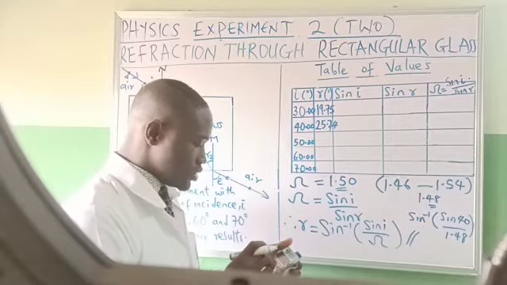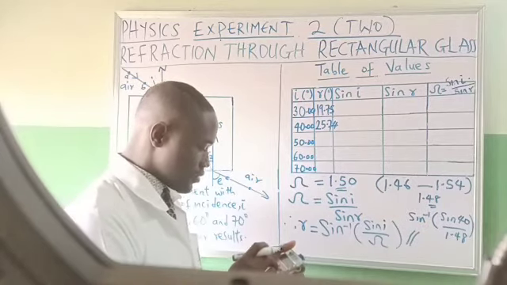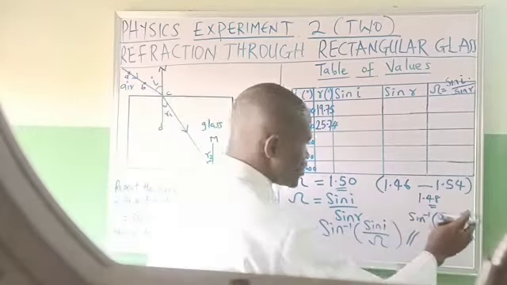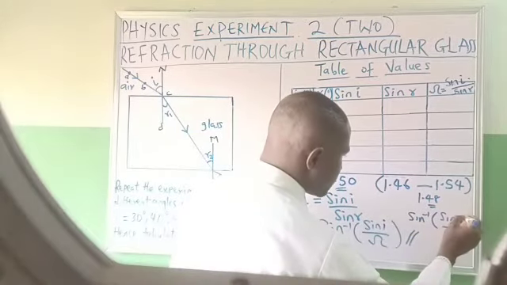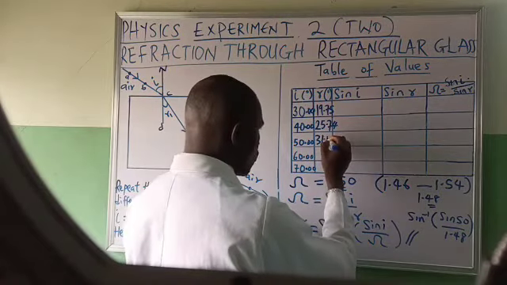Then changing it again to 50, that is 31.17.